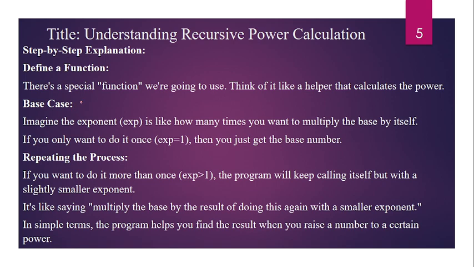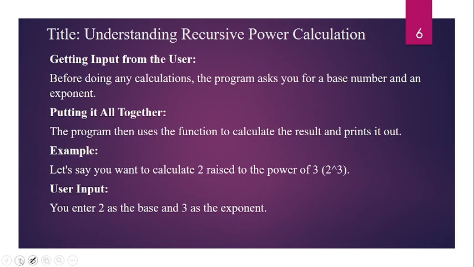So same as I said earlier, you are going to use a special function known as power. Next you are going to check if your exponent is equal to 1 or not. If it is greater than 1, then your program will keep calling itself, but with a slightly smaller exponent every time. This will go on until it reaches the base value.